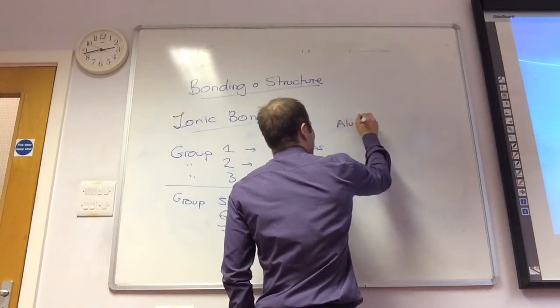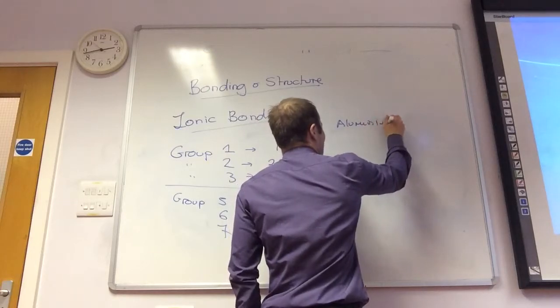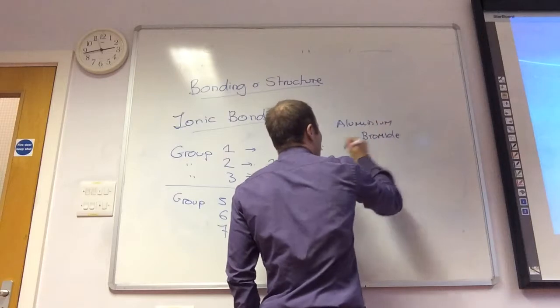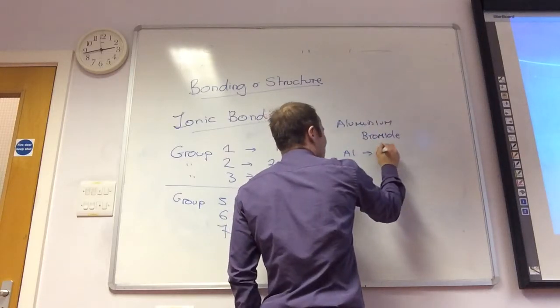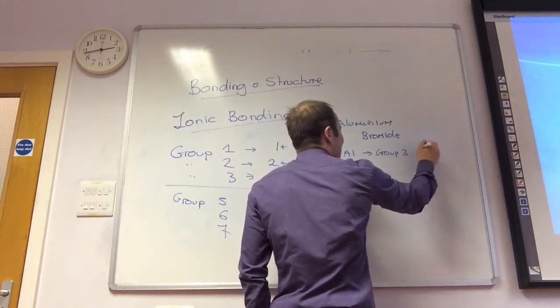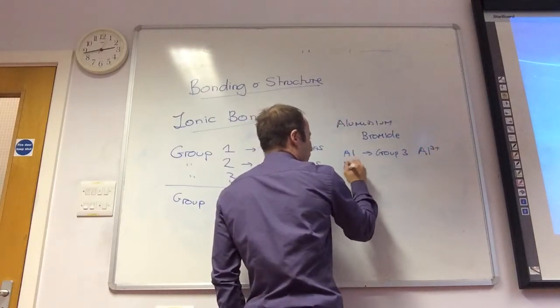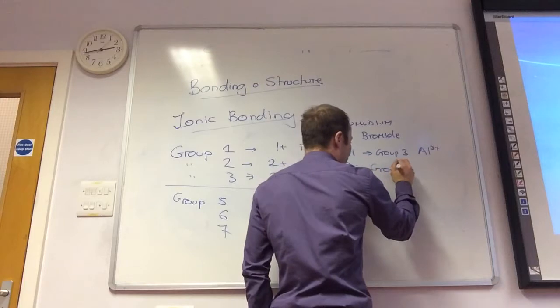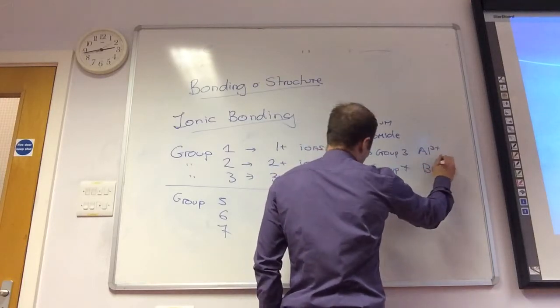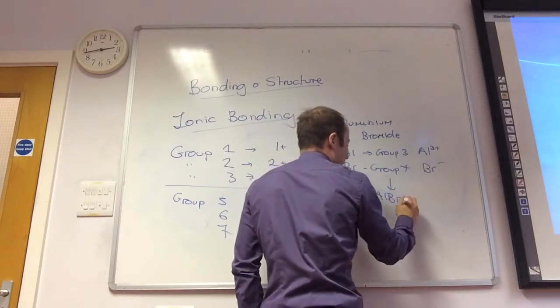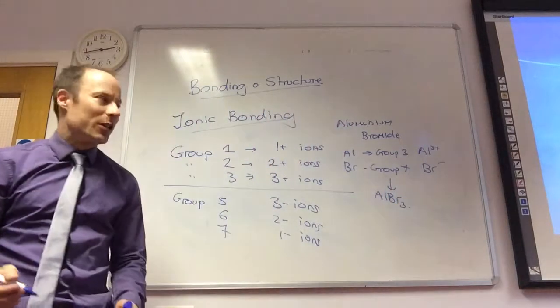Aluminium is in group 3, so it's going to form Al3+. Br is group 7, so minus 1, so you need 3 bromine. So it's AlBr3. That's it, because you've got to have your charges cancelled.